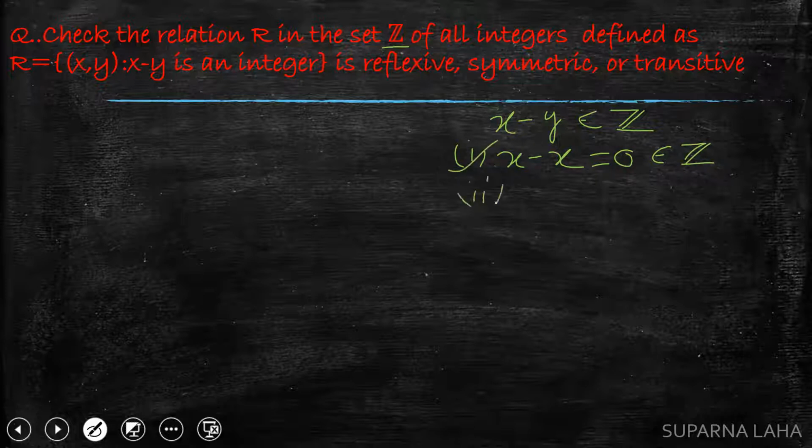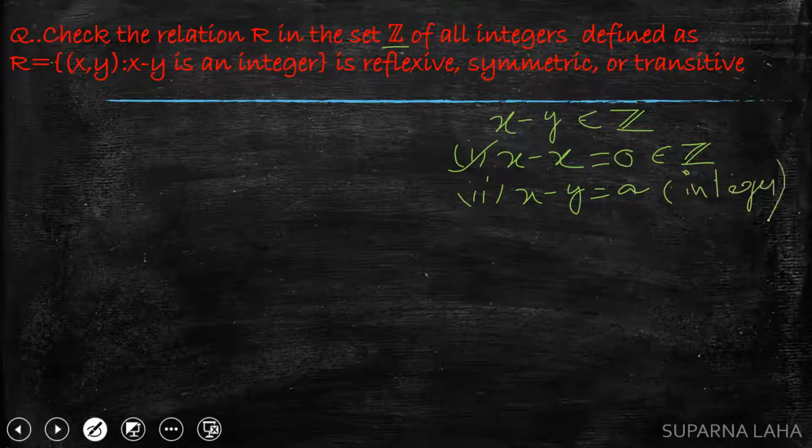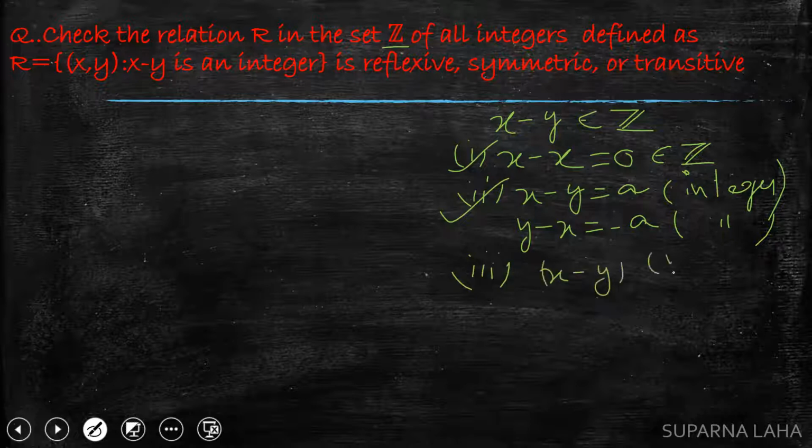Number 2, x minus y is an integer, since x comma y belongs to this relation. Now if x minus y is a, then y minus x is minus a, which is also an integer, hence the number 2 property is satisfying, that is it is symmetric. Number 3, transitive property: x minus y and y minus z, these two elements are integers.